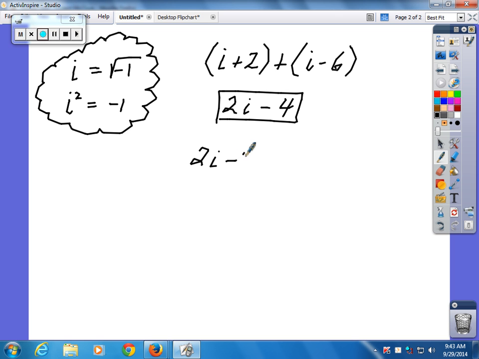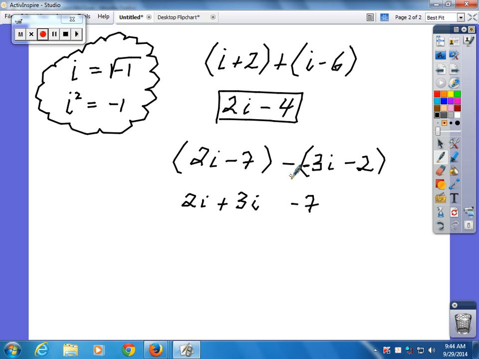2i minus 7 minus 3i minus 2. We'll make that... and that's going to give you 2i plus what? 3i, and negative 7 plus what? 2.